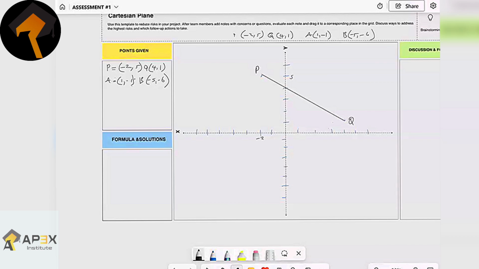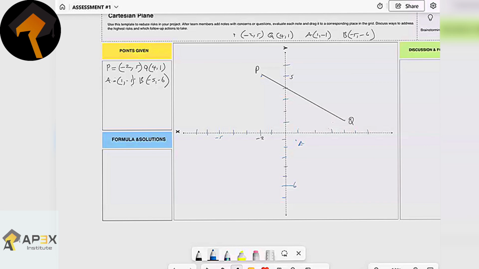Now we're going to look at the point A. Point A is going to be 1, -1, so that's 1 to my right, 1 down. Should be about there. That's point A. And then we're going to have the point B, which is -5, -6. So that's -3, -4, -5, and then down -6: 1, 2, 3, 4, 5. This is -6 right here.